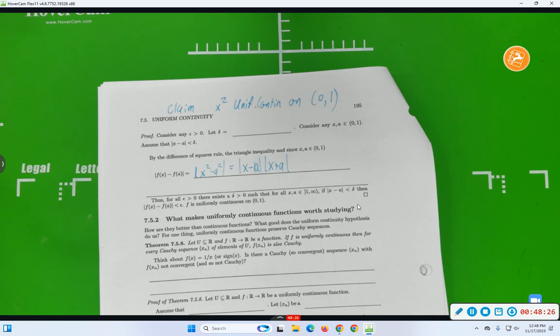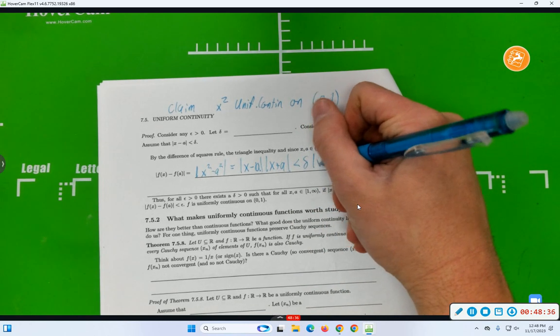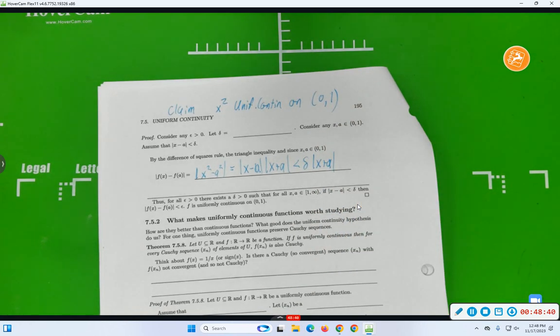What can you tell me about that? x minus a is less than delta. Cool. And in the argument for just continuity, you had to muck around with x plus a and say that's less than 2a plus 1 or something.